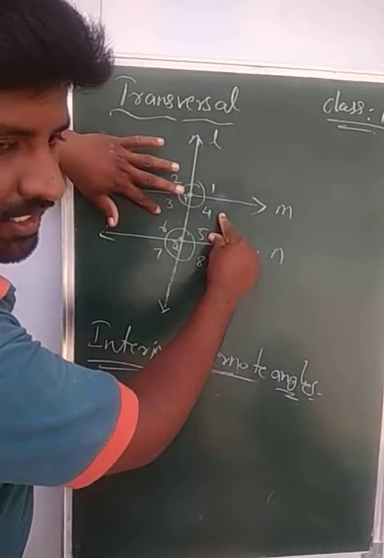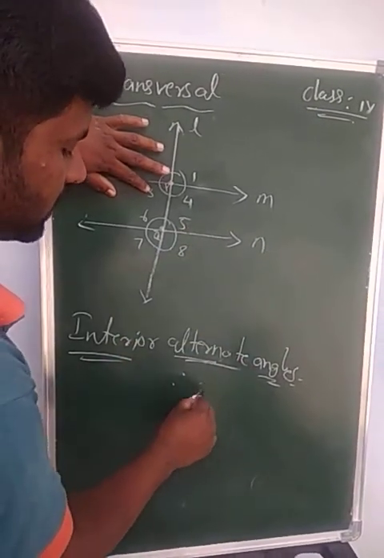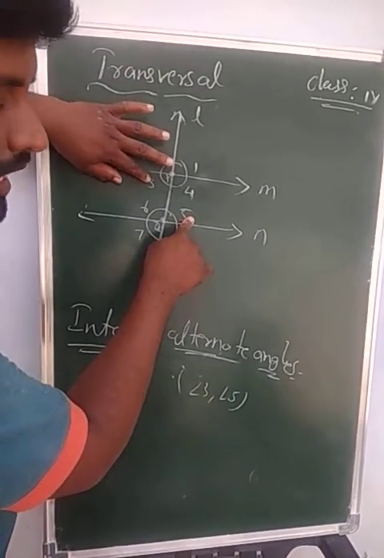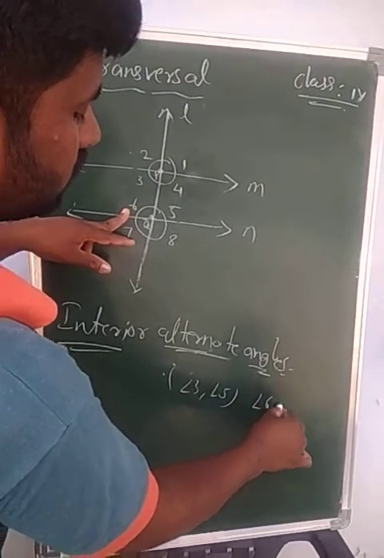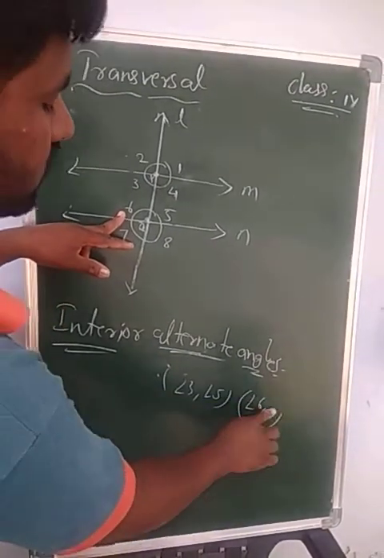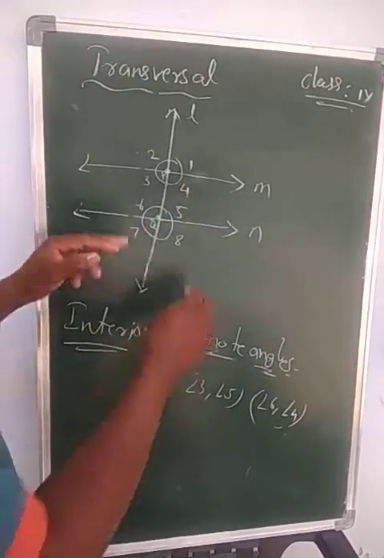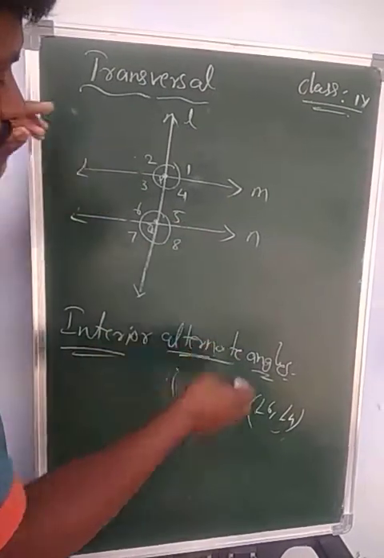These are interior angles. But alternate means what are they? They are angle 3, angle 5, and as well as angle 6, angle 4. So these are alternate interior angles. Like this, these two and these two.